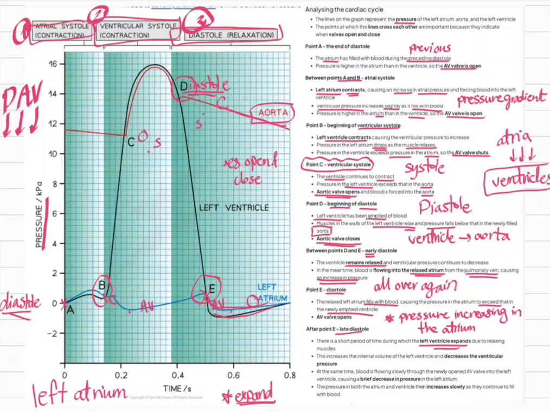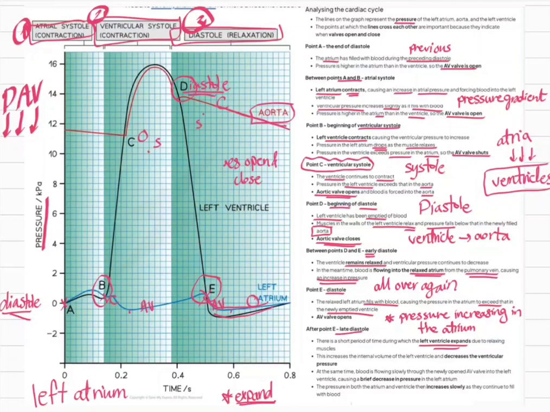And this is where the diastole starts and the ventricle is relaxed, and the blood starts to fill the atrium. The pressure starts increasing in the atria. Again, the pressure is increasing as more blood is filled, and the pressure is more than the newly emptied ventricle. Okay, it's where the aortic valve closes too.